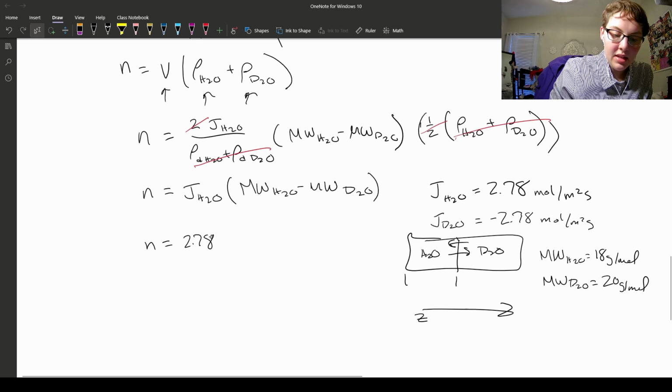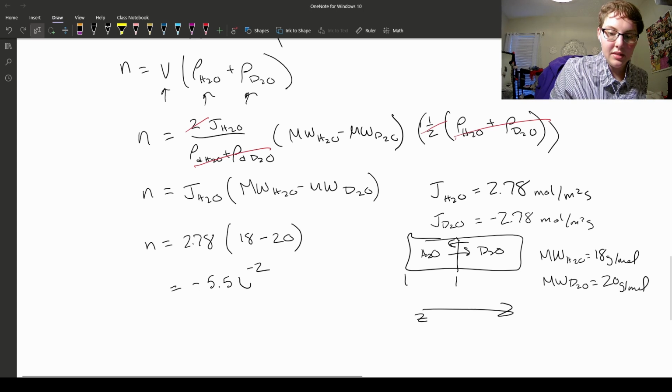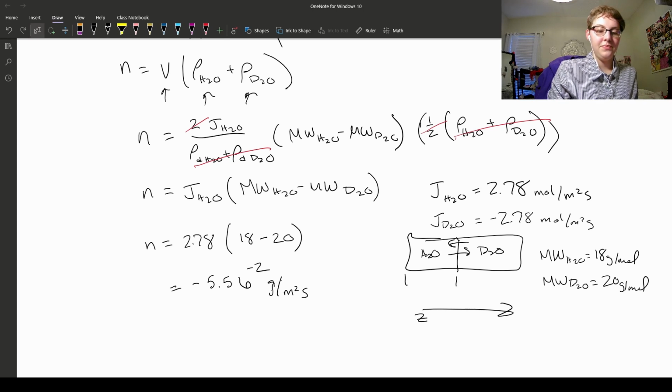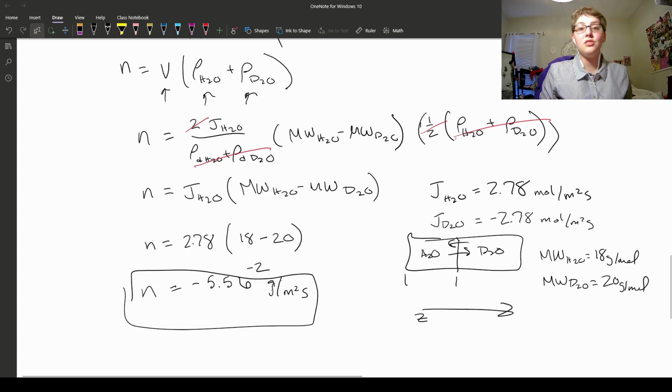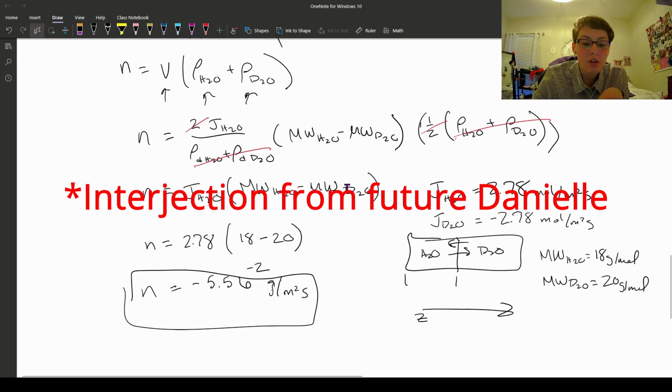We have 2.78 times 18 minus 20, negative 5.56 grams per mole times mole per meter squared second. That'll give us grams per meter squared seconds. And that is the answer to the first problem. When we look at this answer, you're going to think, well, does that make sense? It's negative. Maybe that surprised you.